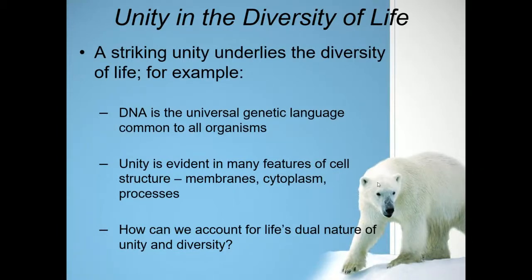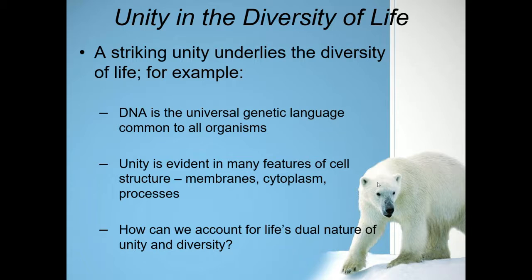You could pull a cell out of a jellyfish and an oak tree leaf and a bacteria infection and a polar bear's salivary gland, and the cells would look identical in the sense that they would have a membrane, cytoplasm, DNA, and ribosomes. That's amazing. They're all the same.